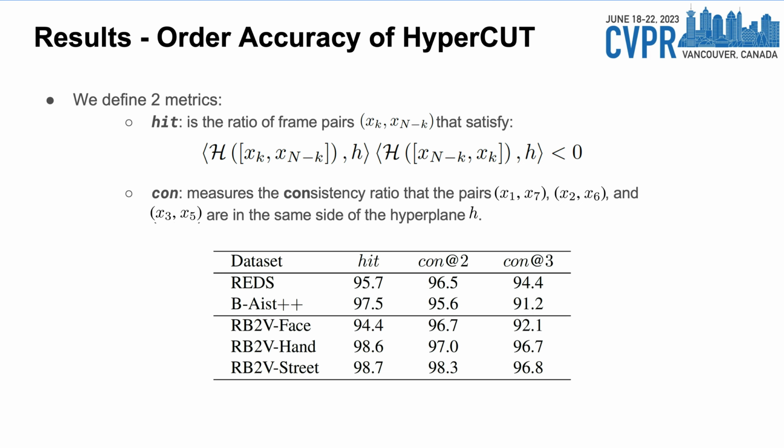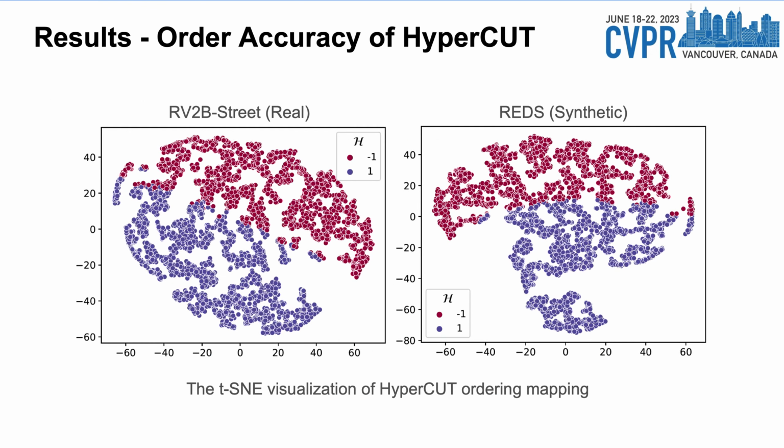As you can see in this table, our proposed self-supervised model can extract the ordering information effectively in all mentioned datasets. We also use t-SNE to visualize the representation vectors. It can be observed that the mapped vectors are perfectly split into two clusters in both datasets.